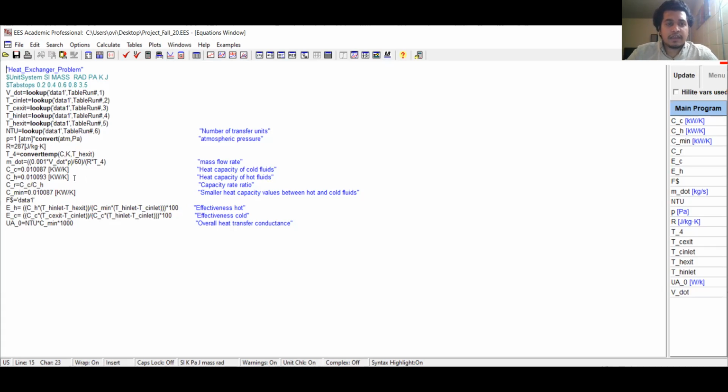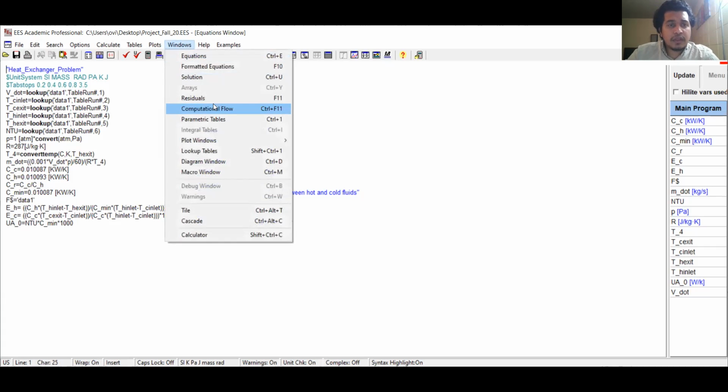If we see the heat capacity rates of hot and cold fluids, the heat capacity rate of the cold fluid is lower than that of the hot fluid, and it's our C minimum value. By using all of these values, we can easily calculate the hot effectiveness and the cold effectiveness for our fluids. We can also calculate the overall heat transfer conductance for our assumed number of transfer units.